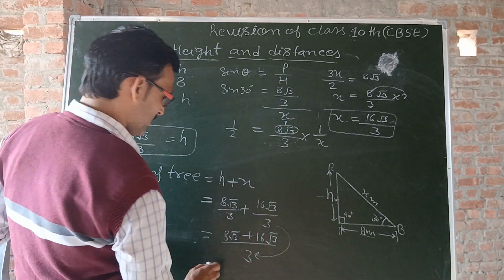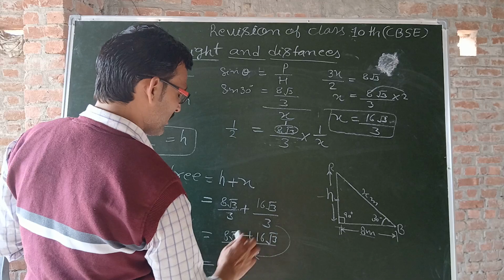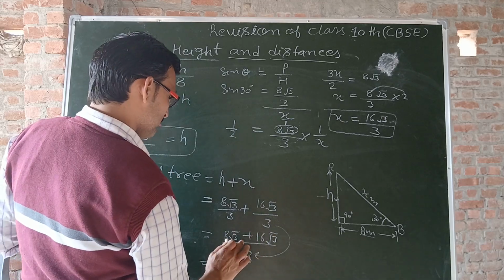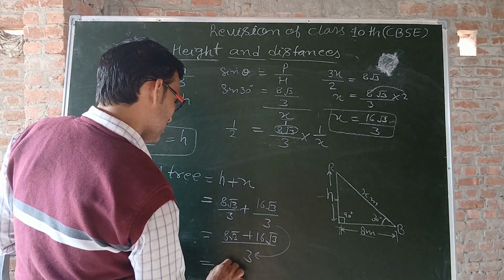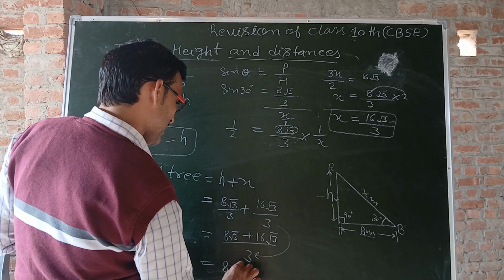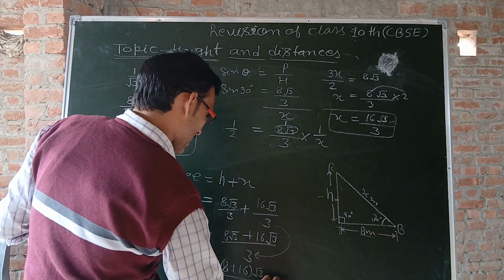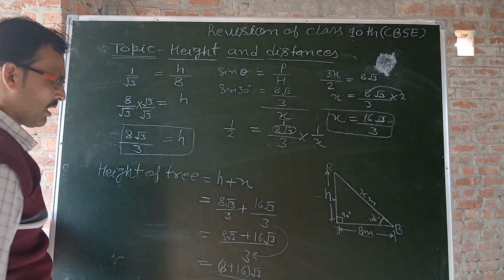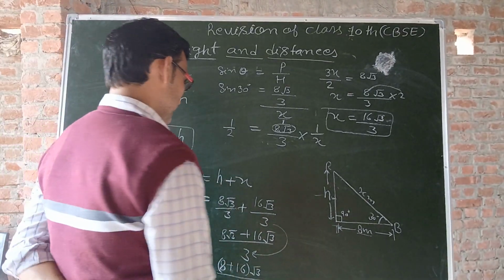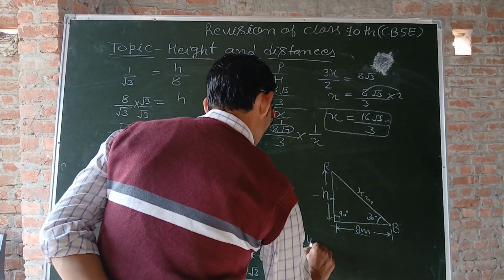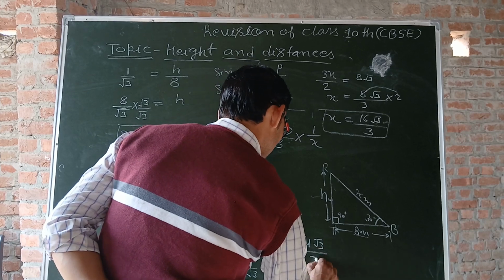Now we add this. For adding, 8 and 16 numbers will be added together, 8 plus 16, and this root 3 will be common, and 3. Now 8 and 16 make 24 root 3 upon 3.